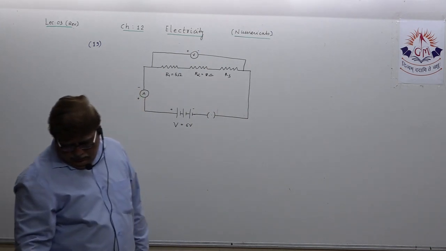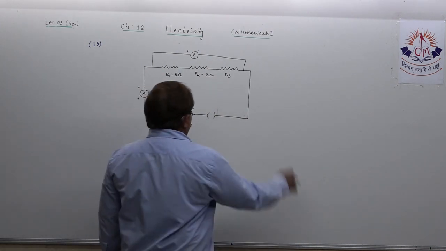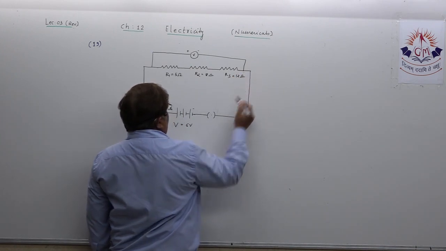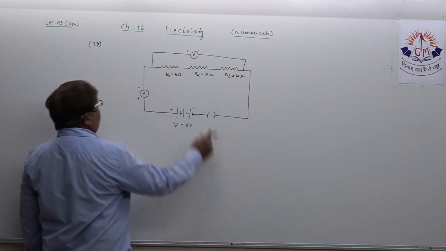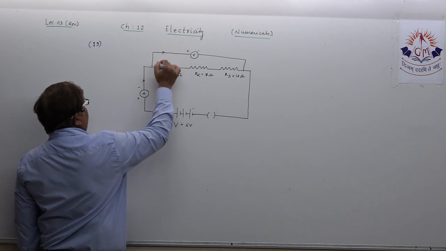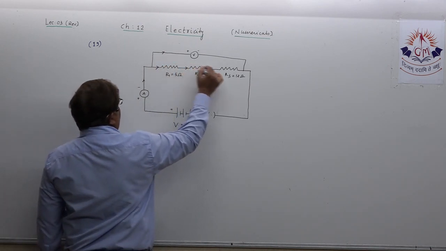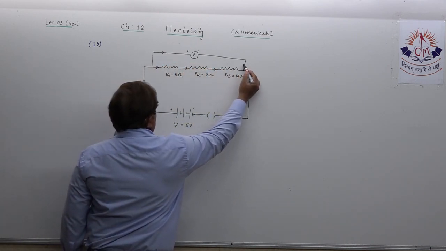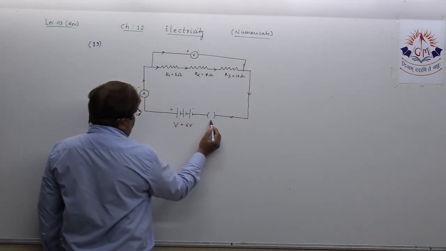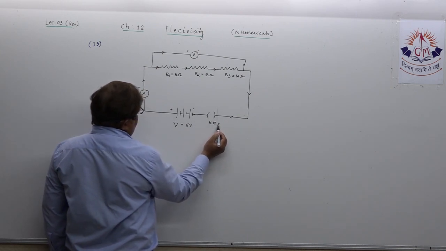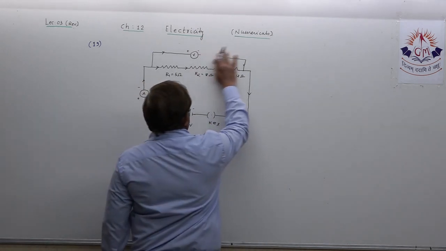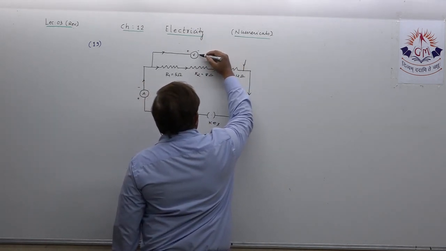Understood? And R3 that is 12 ohm. The circuit diagram is over, but you need to show the direction of the current. That's a must. You have to mention the direction of current. Okay, this is the key already. So this way, dear student, the schematic diagram, understand, gets over.